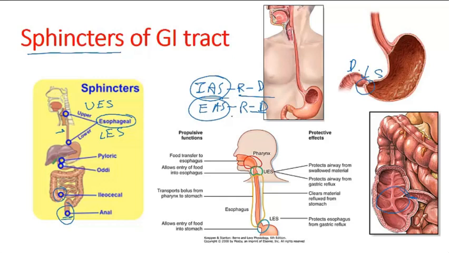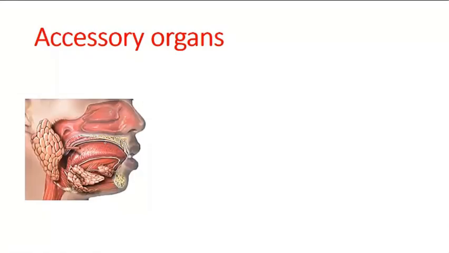Now let's move to the last part of the discussion, which is accessory glands. There are several accessory glands which are not directly involved with the gastrointestinal tract, but play a very important role. We normally have three types of glands that are important: salivary gland, liver, and pancreas.